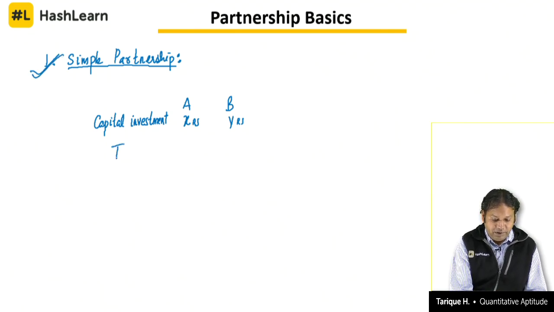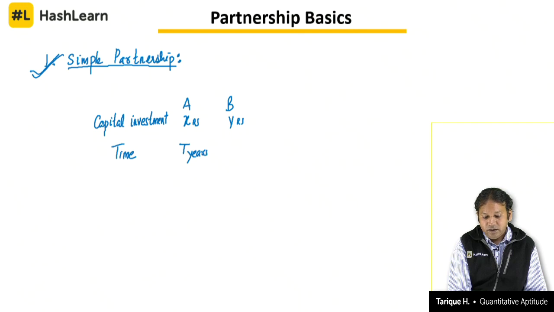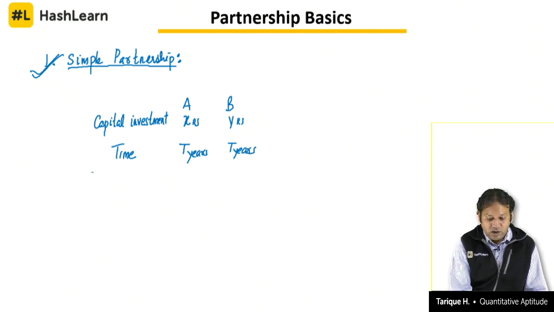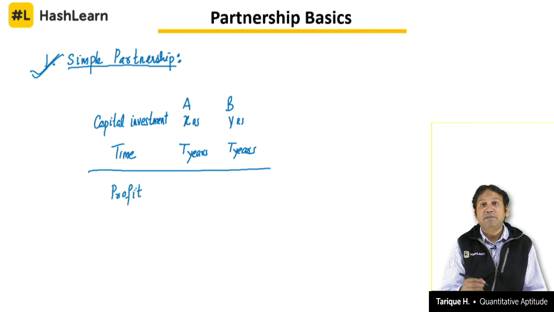Let us say the time period for which they are investing the money also remains constant. So if A is investing for T years, then B will also invest for T years. Both of them are investing for the same period of time. So the profit that the partnership derives will be distributed between the partners in the ratio of their investment.